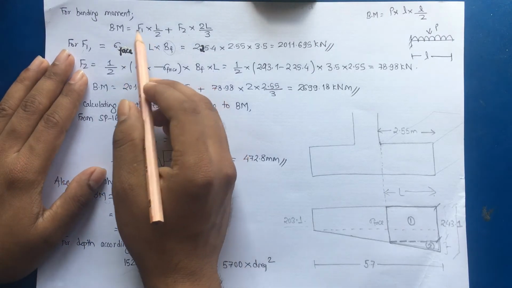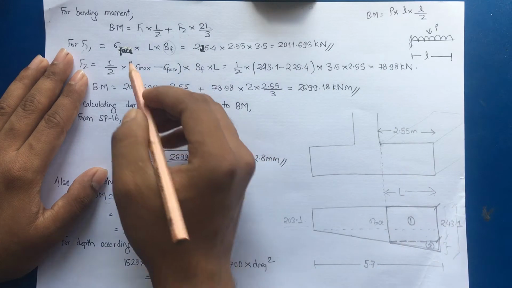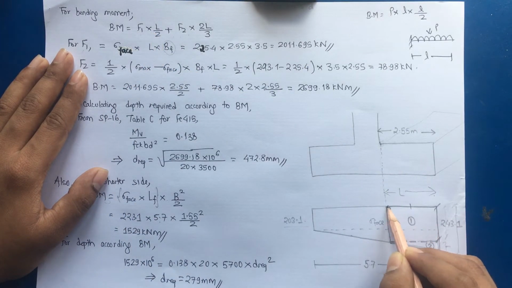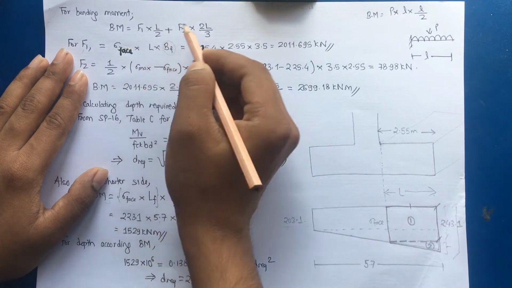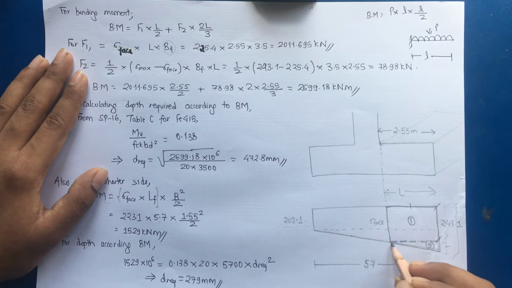Now we have to calculate the bending moment, and basically bending moment is equal to force into perpendicular distance. So force F1 into L by 2, L by 2 being the centroid of this rectangle, plus F2 into 2L by 3 for the triangular portion, since the centroid lies at a distance 2L by 3 from the apex.